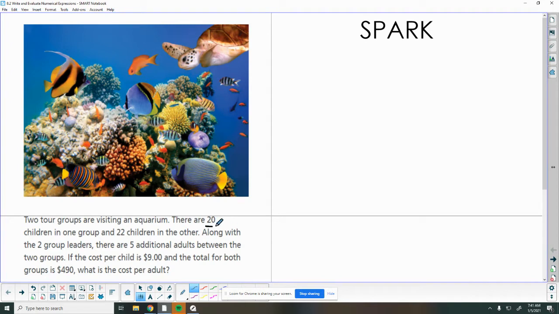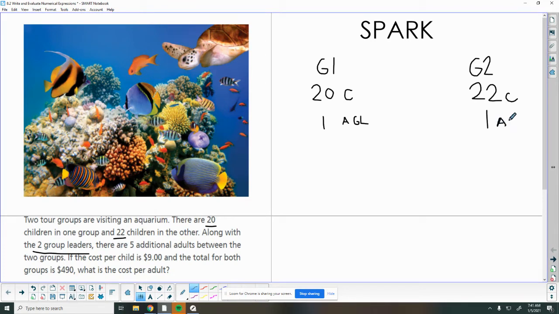So there are 20 children in one group and 22 in the other. So I've got group 1 here and I've got group 2 here. So I've got 20 children and 22 children here, along with the 2 group leaders. So 1 adult group leader, 1 adult group leader.